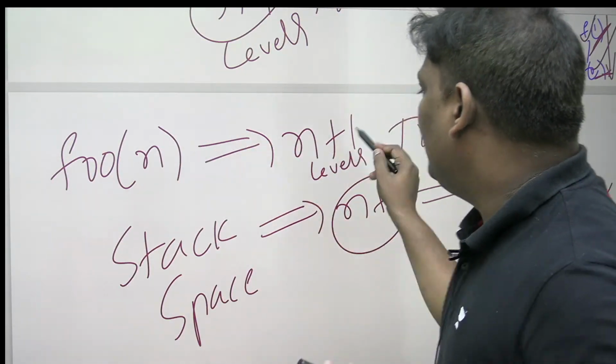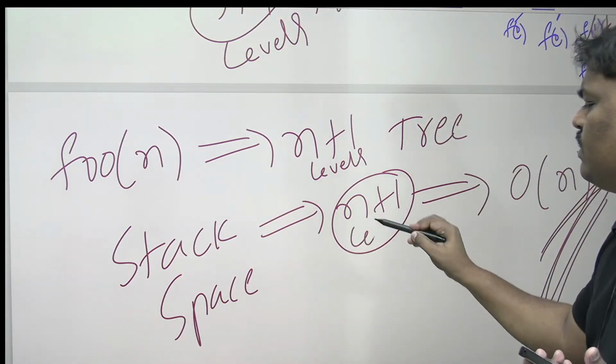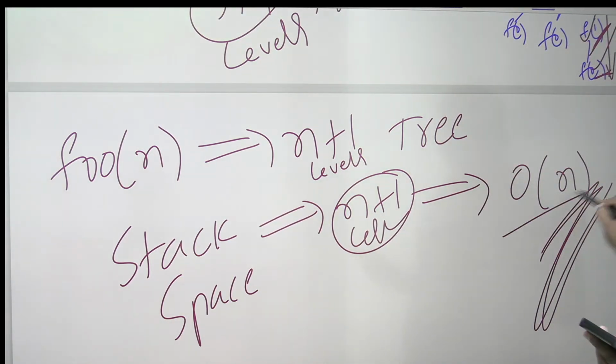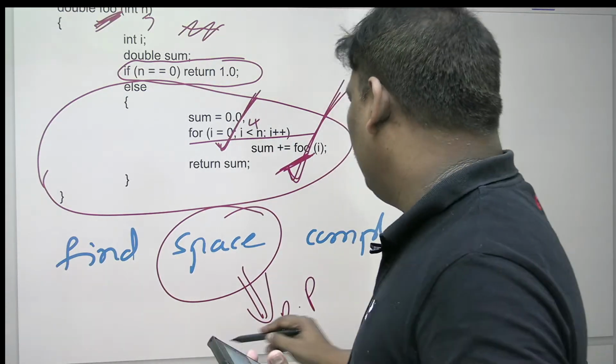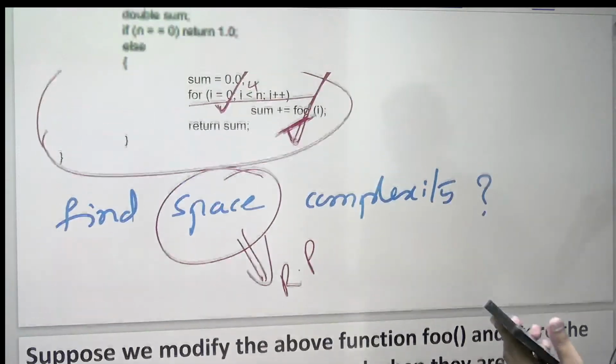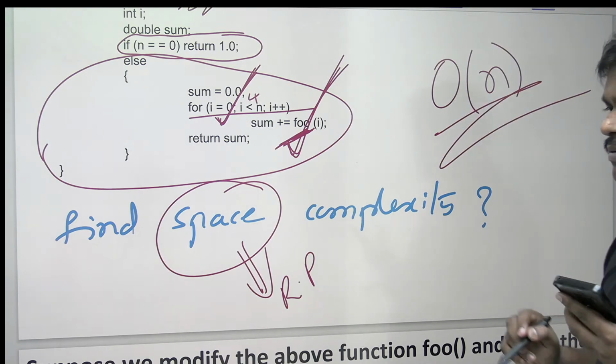See, foo n has n plus 1 levels. Stack space is the number of levels, n plus 1 levels. So finally n space. So what is the answer for this program? N. This is the stack space.